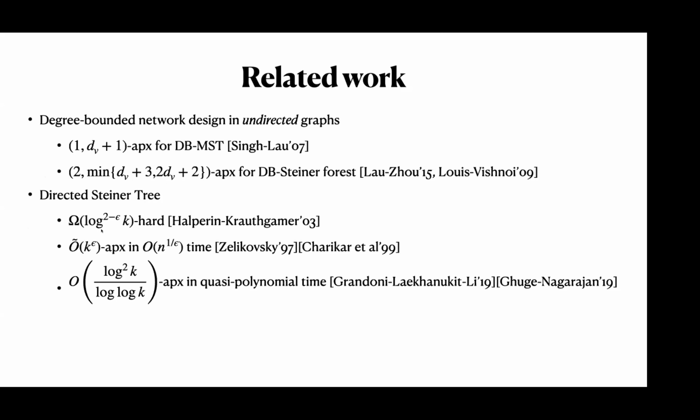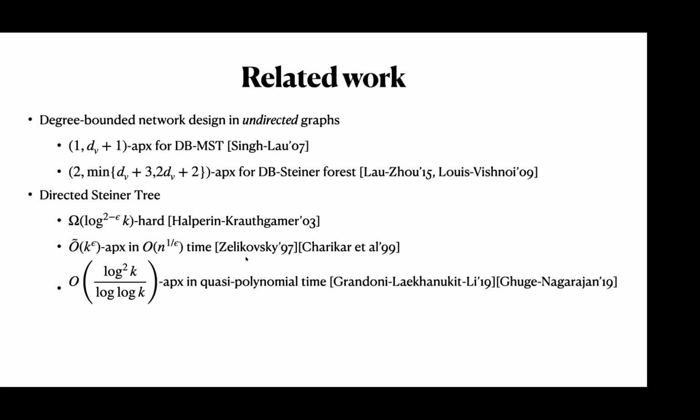And for polynomial time algorithms, the best approximation ratio we have is a polynomial factor. Here, K is the number of terminals, but usually you can think K is of the same order as N. So this is essentially an N to the epsilon approximation ratio.